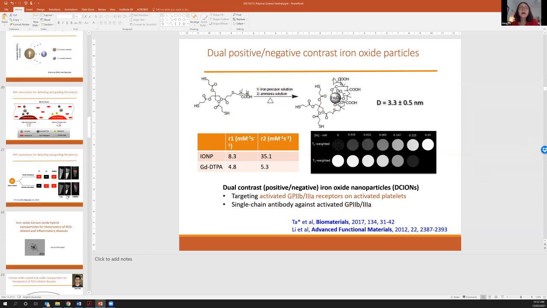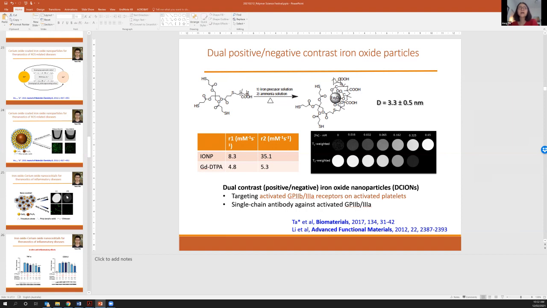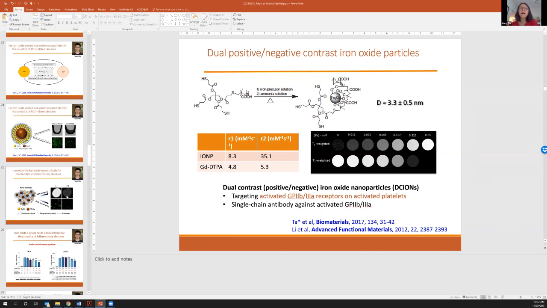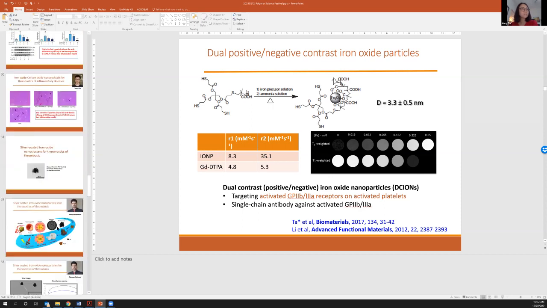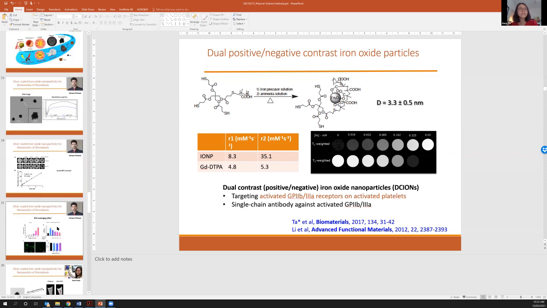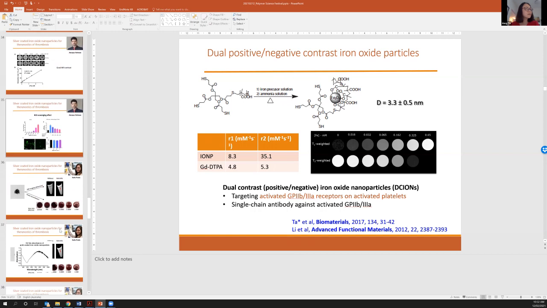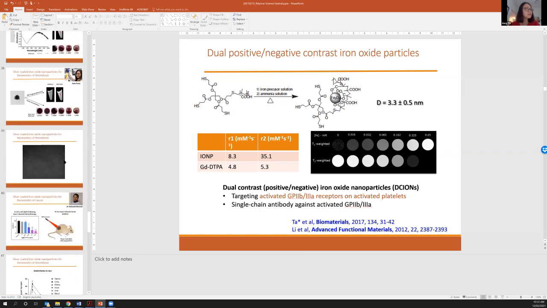But in some of our studies, we prove that some particles do not retain for long in the body, like in the latest study that I just showed you.